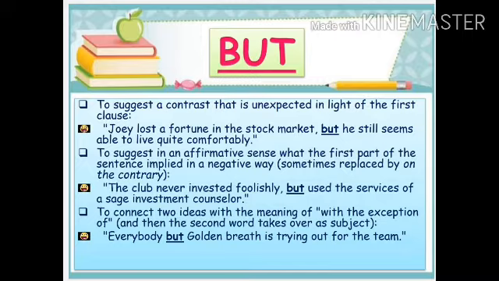The club never invested foolishly but used its money to secure the services of a sage investment counselor. To connect two ideas with the meaning of with the exception of, and then the second word takes over the subject. Everybody but Golden Breath is trying out for the team.